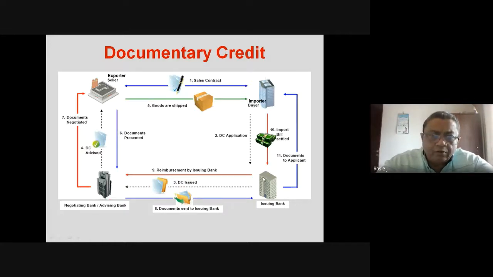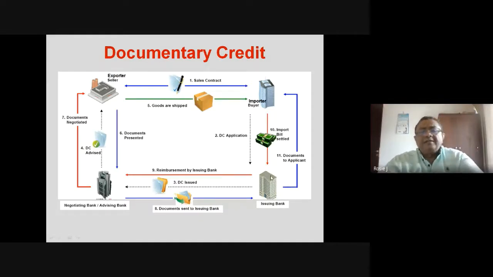So since I told you, now what is happening? Even though they are doing an import-export business, the performance of the exporter is based not on the importer paying the money, but on the undertaking given by the issuing bank.